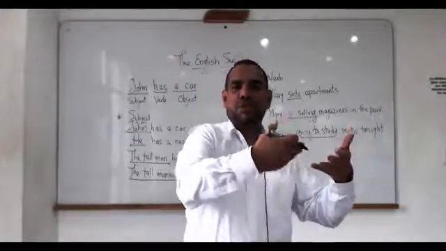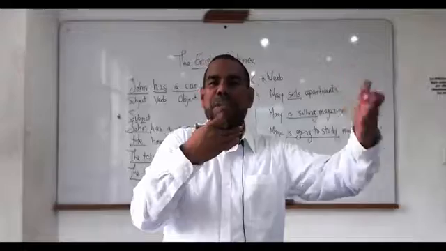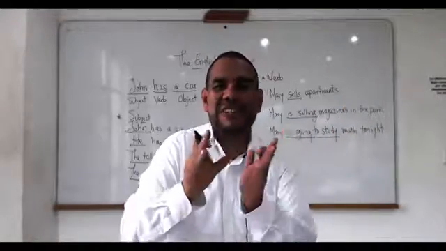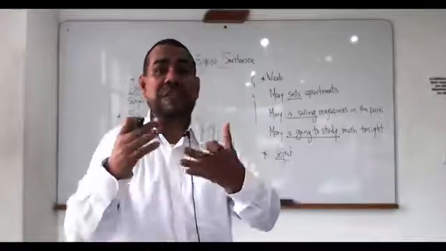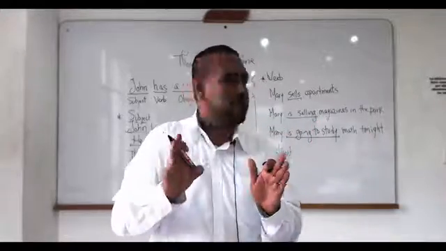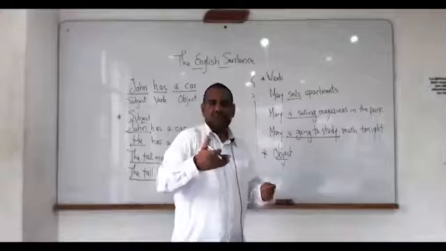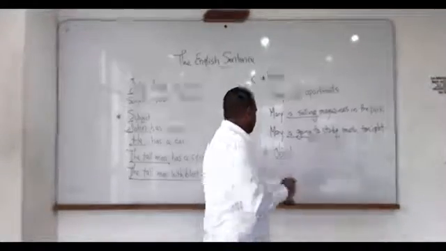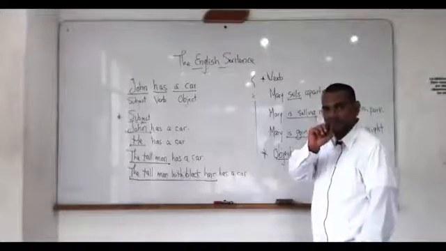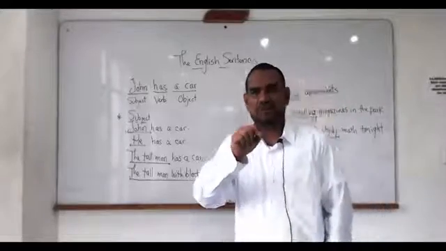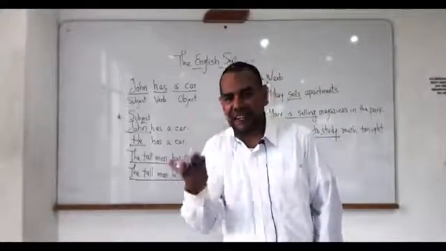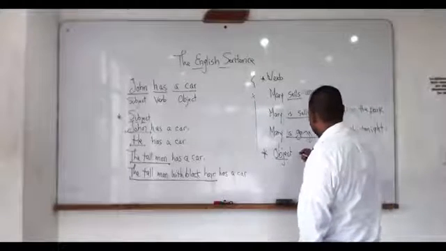What is done? What will be done? What is being done? Or what has been done, etc. So the object gives us the idea and the answer for the question, what? The object can be a noun, a pronoun, or can be a noun phrase too.